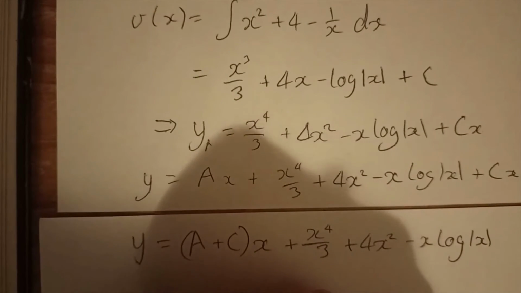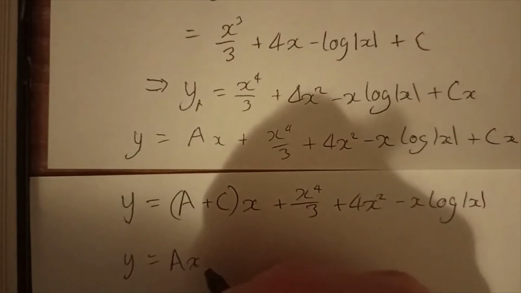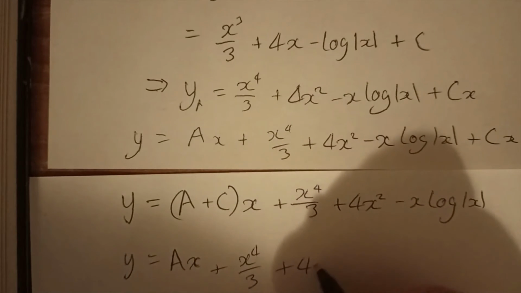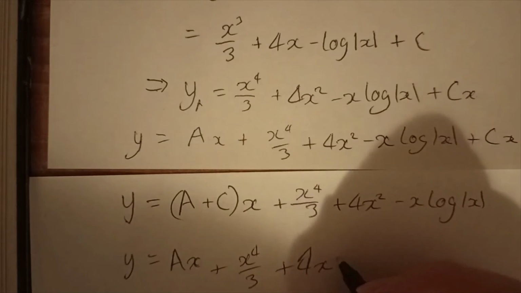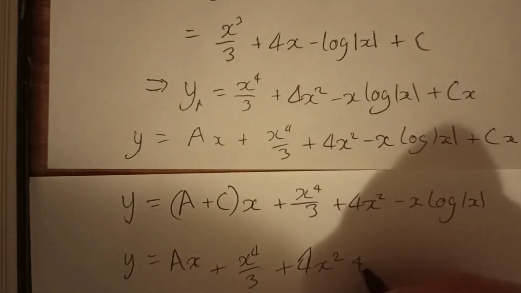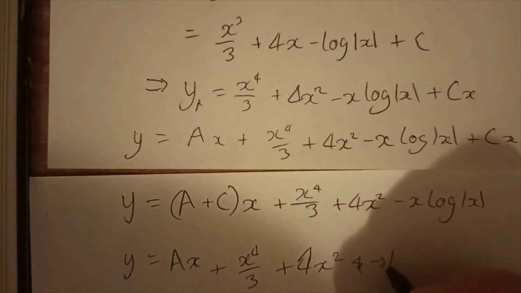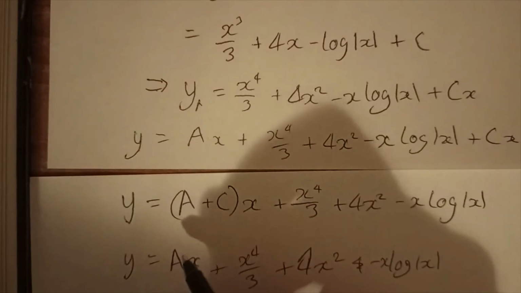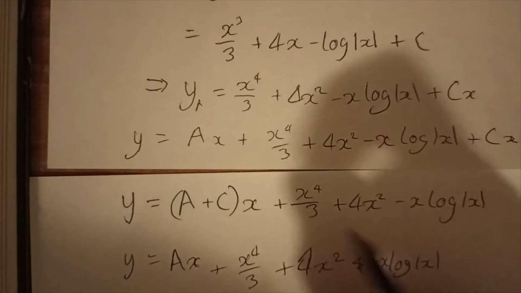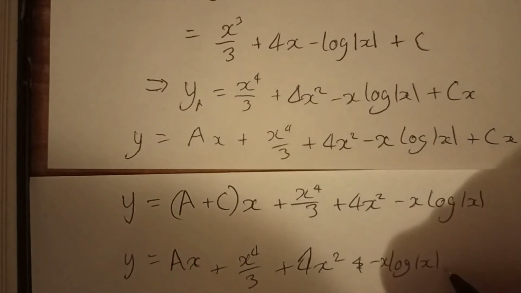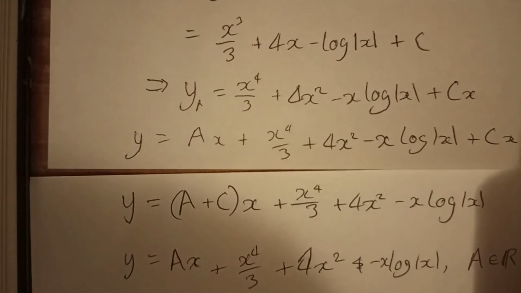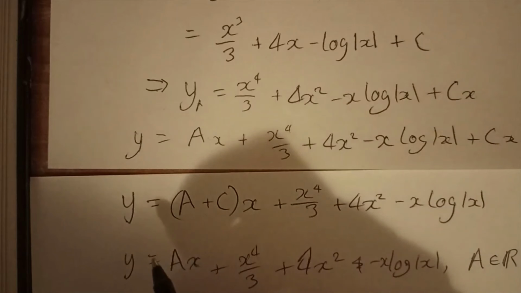But we might as well just have y equals ax plus x to the 4 over 3 plus 4x squared minus x log x, where a is some unknown constant, so a is an element of R, a is some real number.